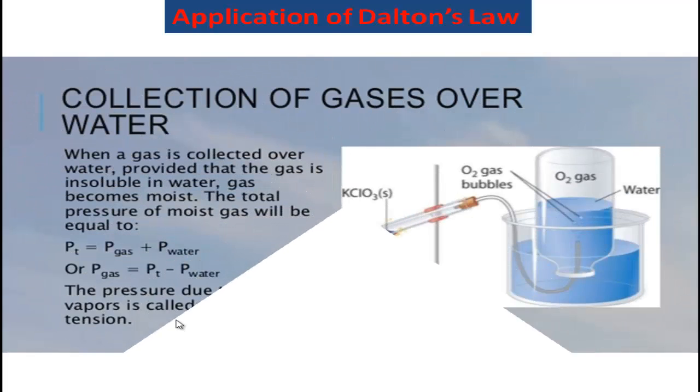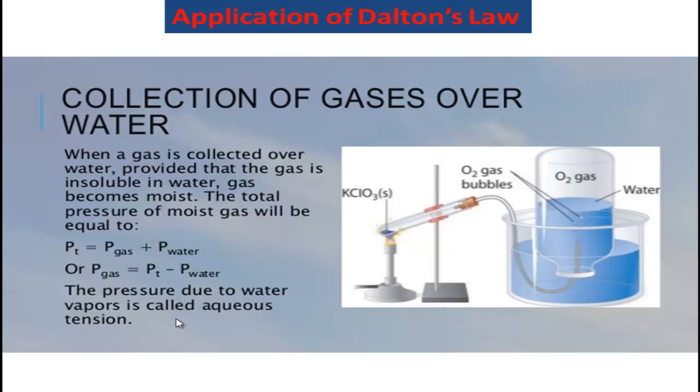Now we will see the application of Dalton's law. Application of Dalton's law means where we can implement this law. At first, collection of gases over water. You know that we have to collect the produced gas in different ways. It depends on whether the produced gas is lighter or heavier than air and water.